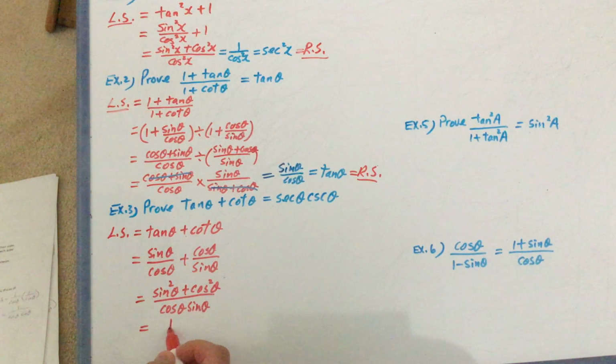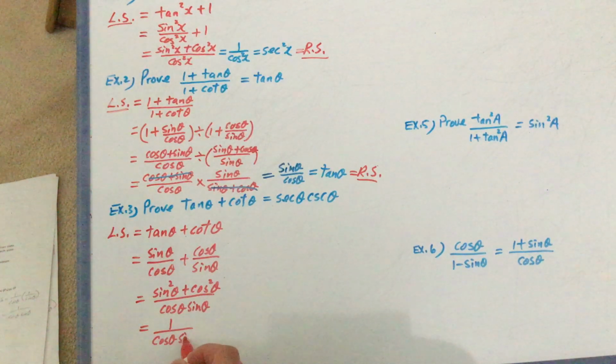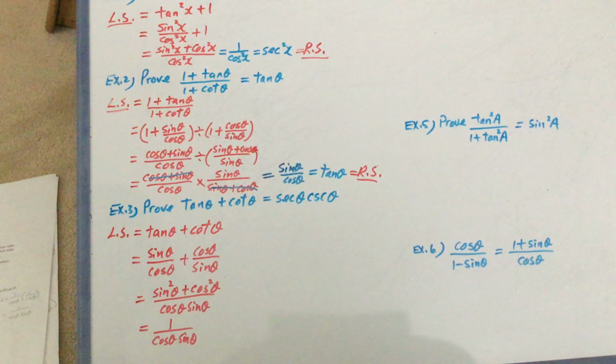So I ended up with 1 over cos theta sine theta. And if you want to separate this, it becomes 1 over cos theta times 1 over sine theta.